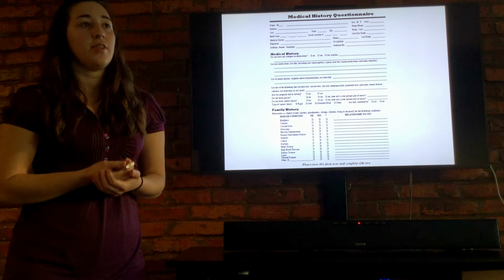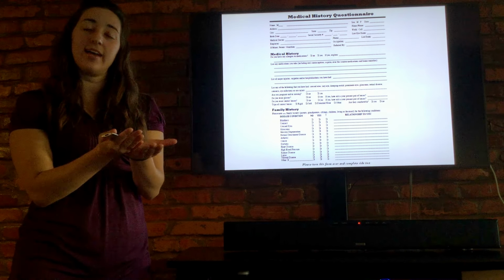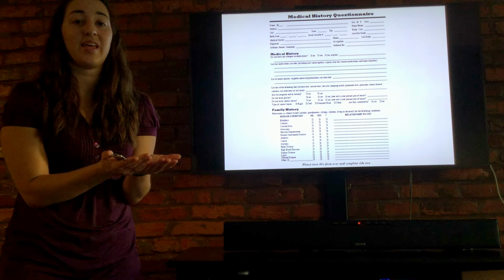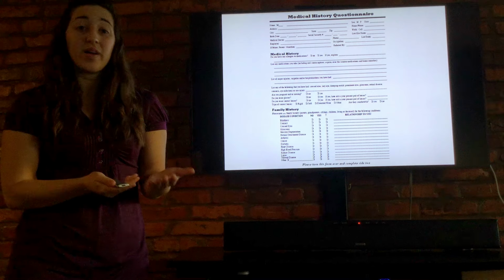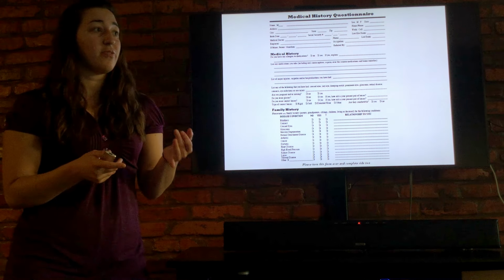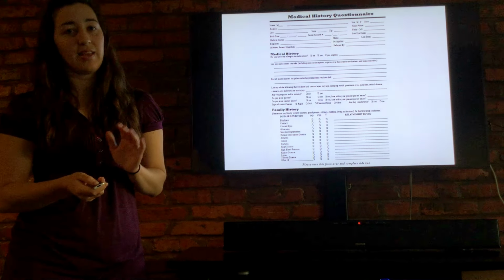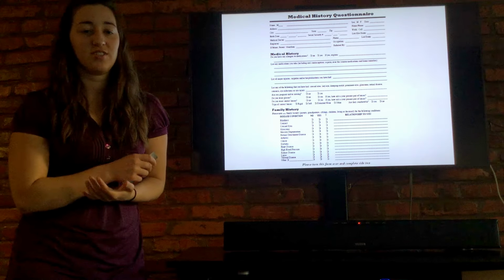In addition, think again about a non-English speaking patient being handed a form that's not in their own language. Again, that can be very intimidating, not knowing what to fill out. So patients can either get help filling out the form or avoid it completely, thus, again, affecting their ability to navigate the healthcare system.